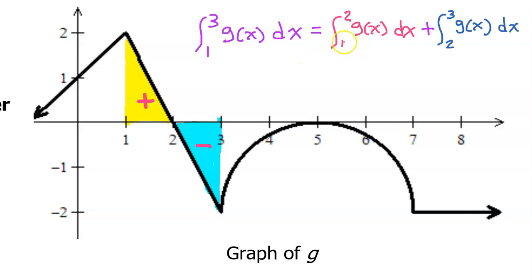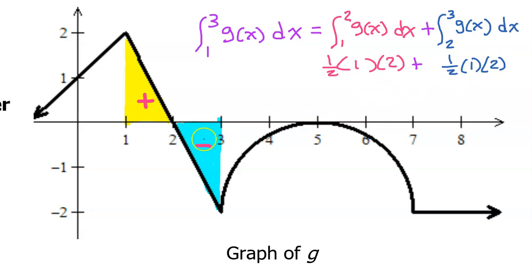We can do the integral from 1 to 2, and then add that to the integral from 2 to 3. So the yellow triangle plus the blue triangle. The yellow triangle is going to be 1/2 base times height, which is 1/2, 1 times 2. And then the blue triangle is also 1/2 base times height. So that's going to be 1/2, 1 times 2.